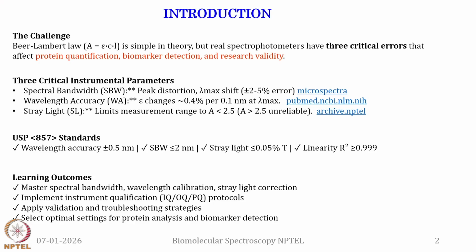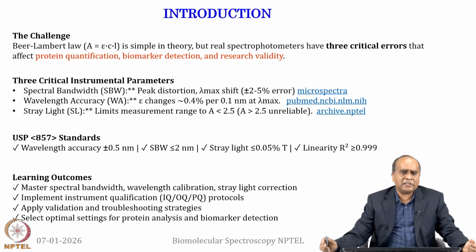So, today I am going to give you some hints or concepts on how we can use this spectroscopy in an industrial setup, putting all the stringency in place. You remember the concept is very simple: Beer-Lambert law, A equals ECL.